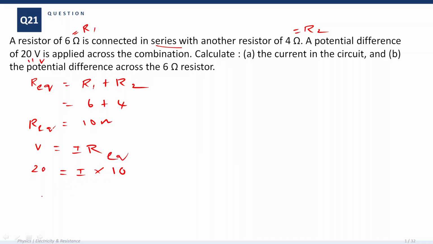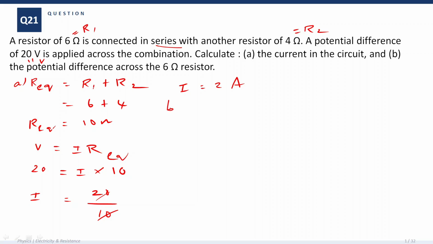Then I equal to 20 by 10. 0 and 0 will get cancelled. So I equal to 2 amperes. Means 2 amperes of current flows through the circuit. This is the part A.